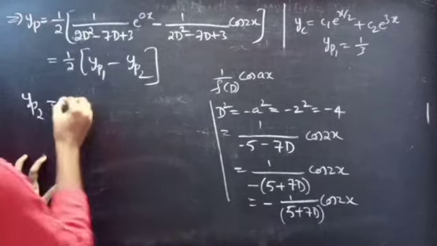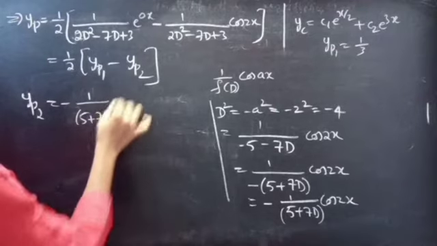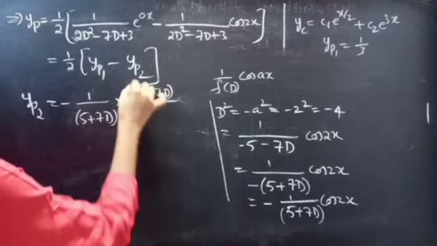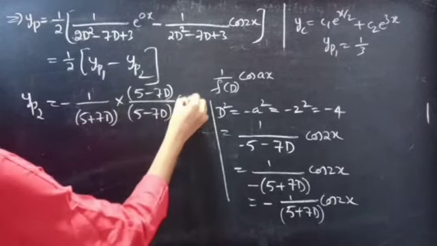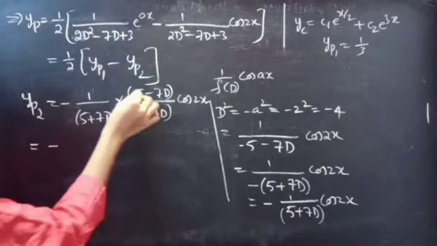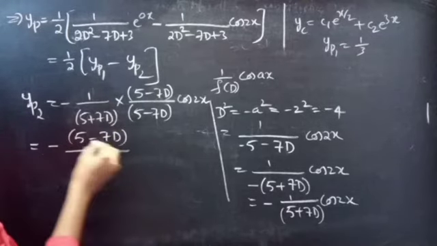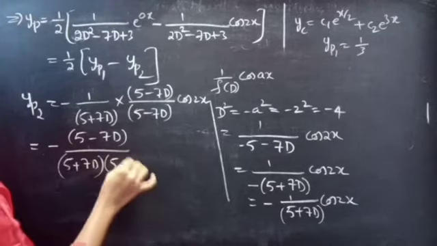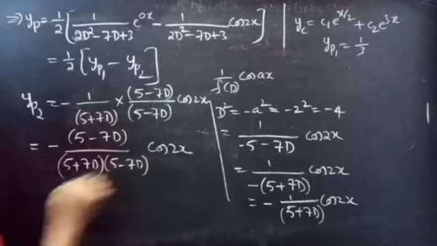This becomes -1 by (5 + 7D) into (5 - 7D) by (5 - 7D) into cos 2x, equals -1 into (5 - 7D) by (5 + 7D) into (5 - 7D) into cos 2x.